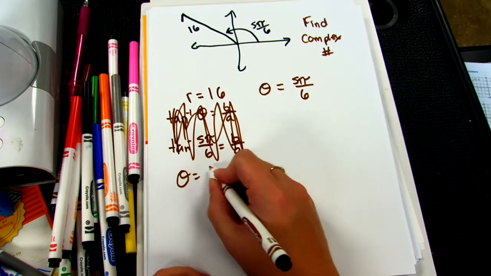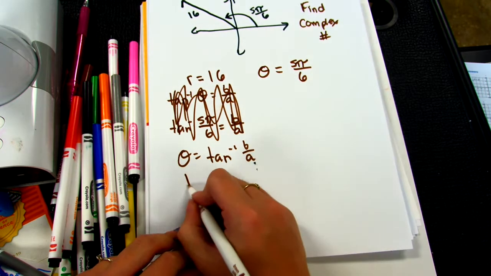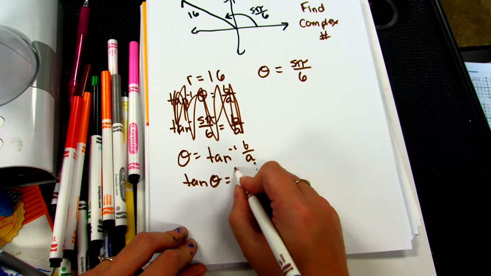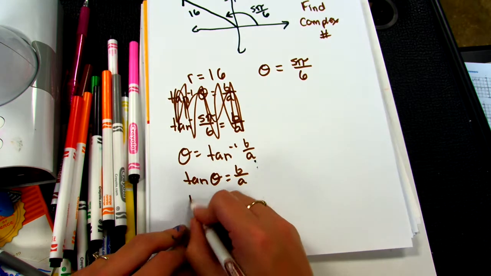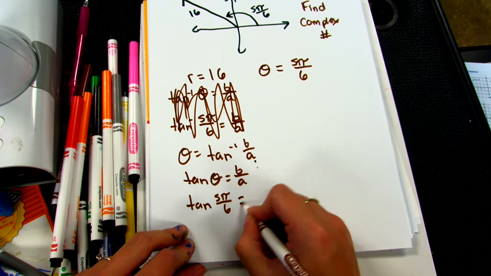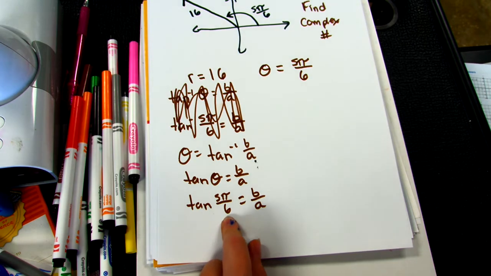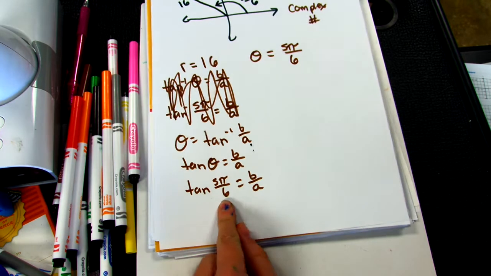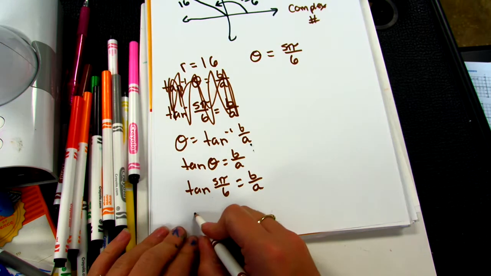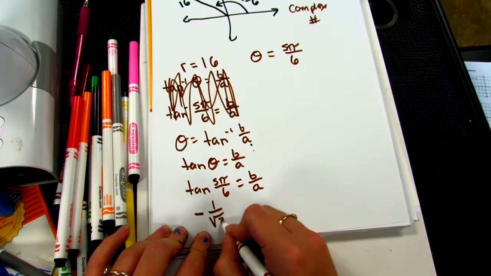So if theta is equal to the inverse tangent of b over a, that tells us that tangent of theta is equal to b over a, right? So that means that tangent of 5 pi over 6 is equal to b over a. Okay, so that's helpful. And so tangent of 5 pi over 6, you have to use your chart. And your chart says that tangent of 5 pi over 6 is negative 1 over the square root of 3.